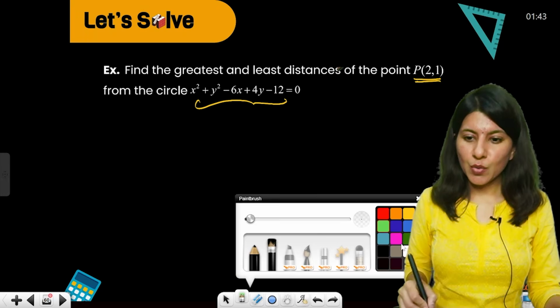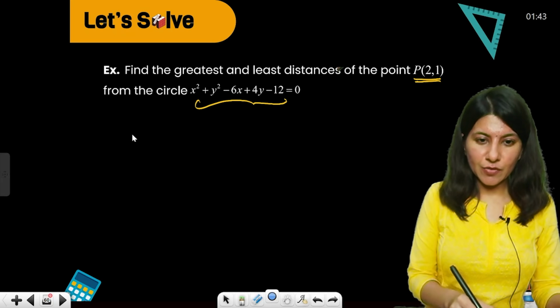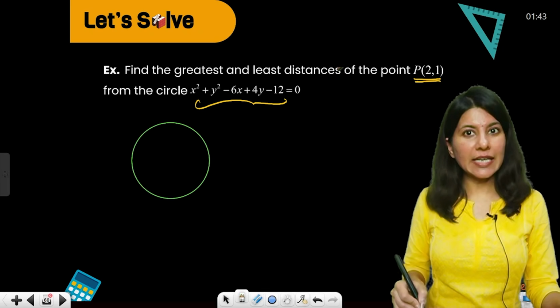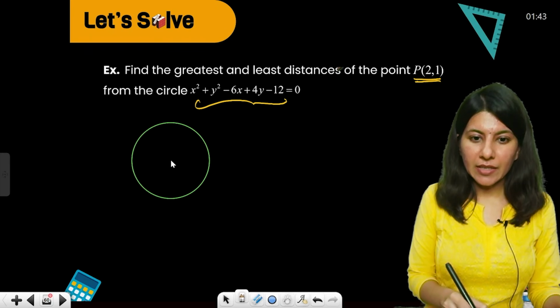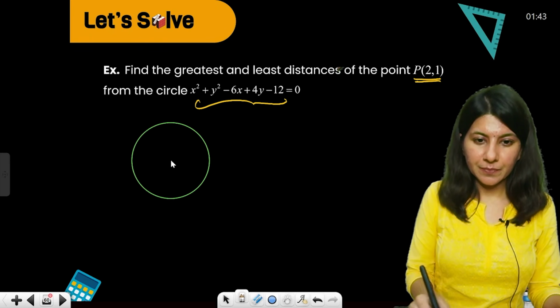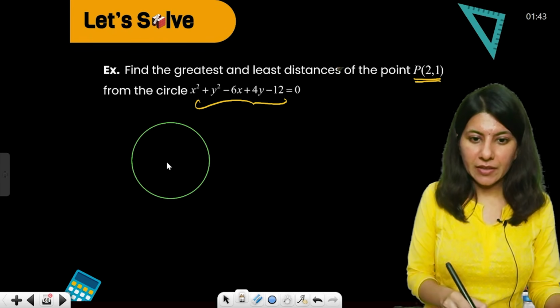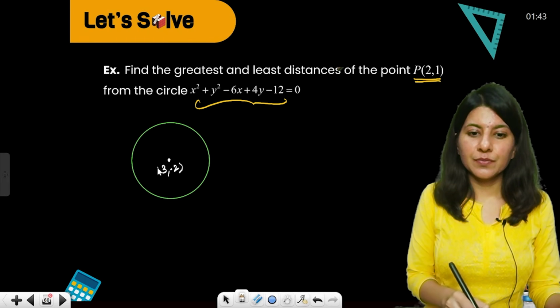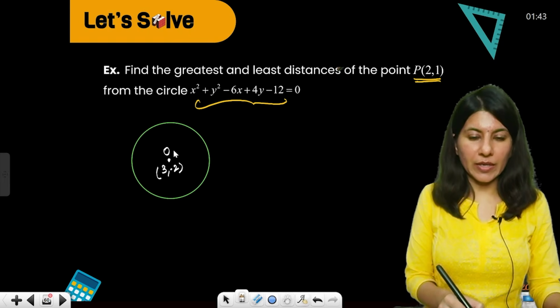All right, so we will take a circle over here, okay? Now, can we calculate the center of this circle? The center will be (3, -2). This is your O, okay?